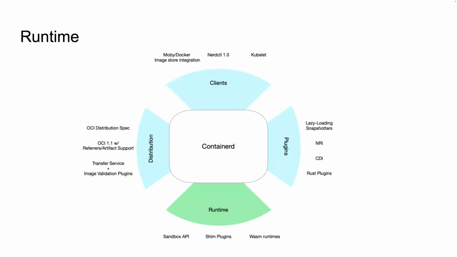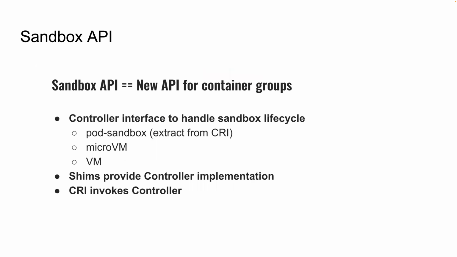So let's talk a little bit more about runtimes and what's going on there. The big thing that's coming in 1.7 is this new sandbox API. Somewhat related to what we were talking about with NRI, the sandbox API is a new interface for controlling the sandbox lifecycle.